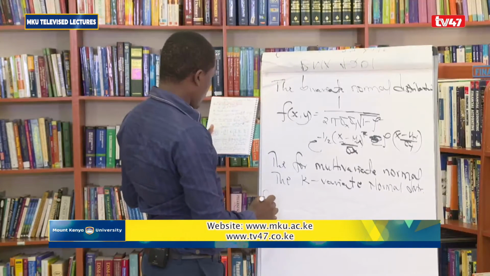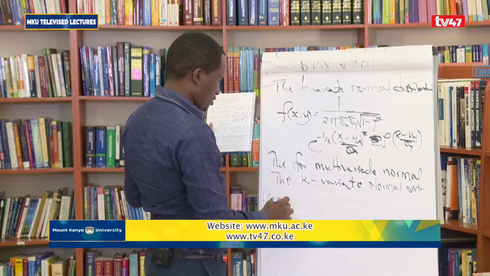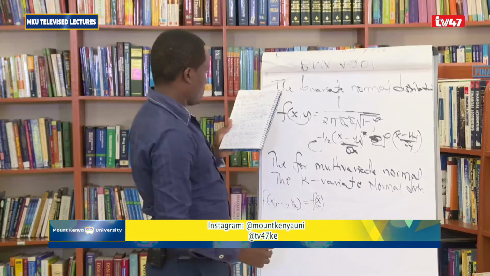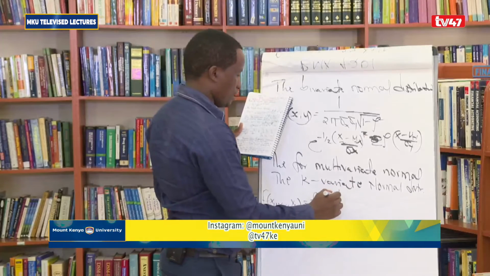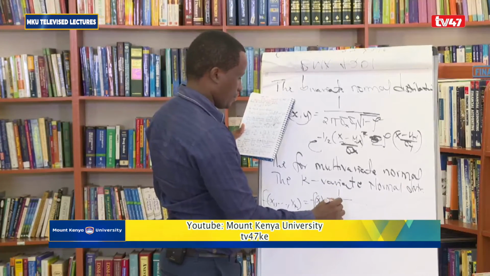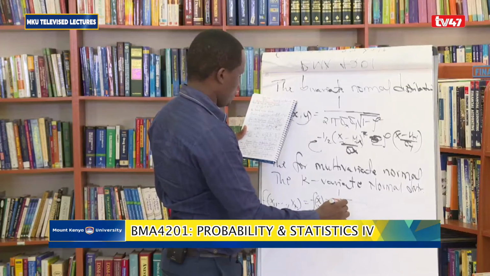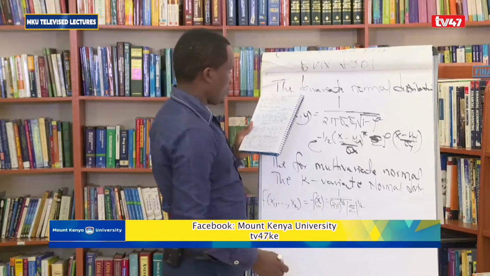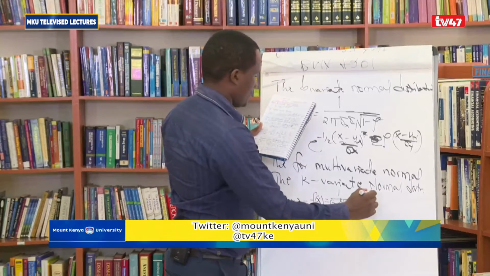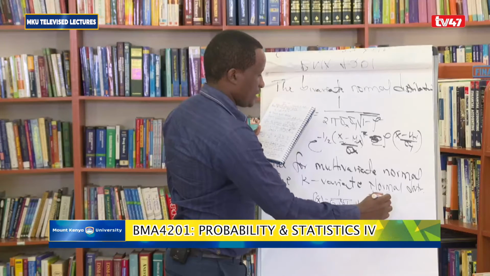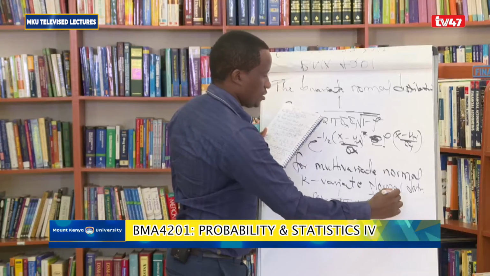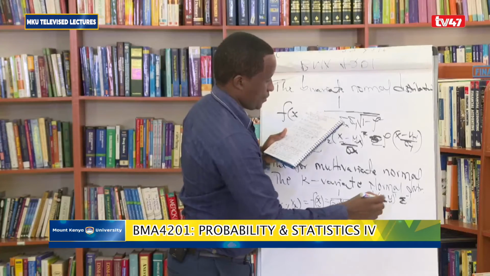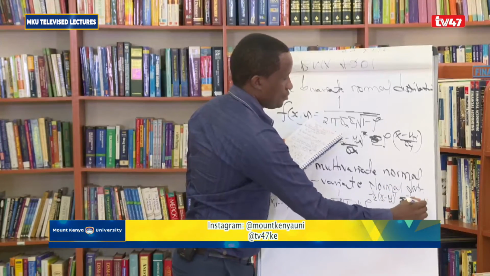It will be given by f of x1 all the way to xk, which is equal to f of matrix x, defined by 1 over 2 pi raised to power k over 2, then the variance covariance matrix raised to power half, then the exponent of negative a half, x matrix minus mu matrix transpose, then the inverse of the variance covariance matrix, then x matrix minus mu matrix.